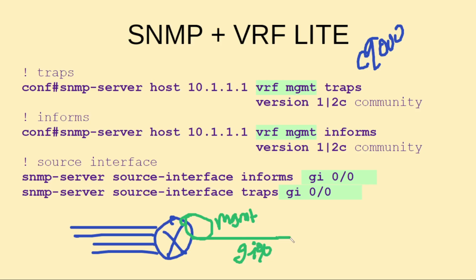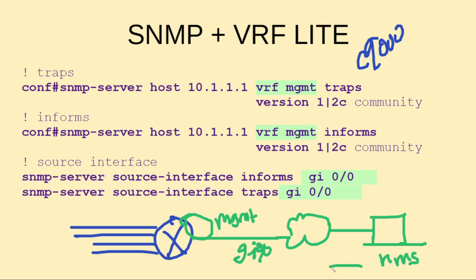This interface has IP reachability to the network management system. In this case, most of the read and write operations between the device and the network management system will happen transparently because we have IP reachability through this VRF to the network management system.